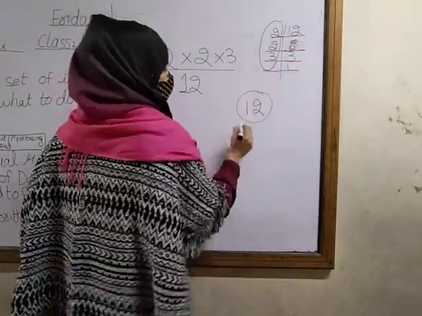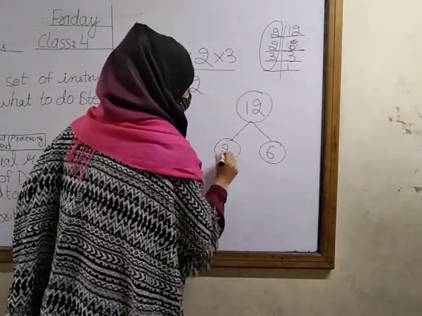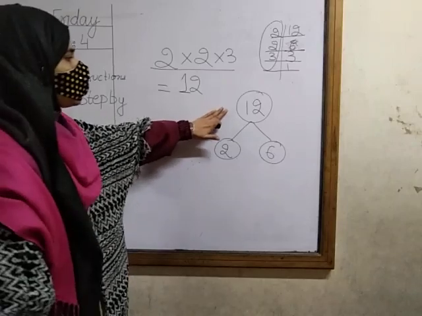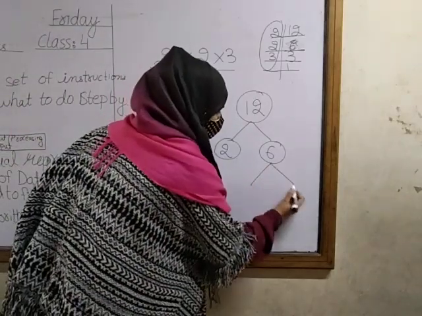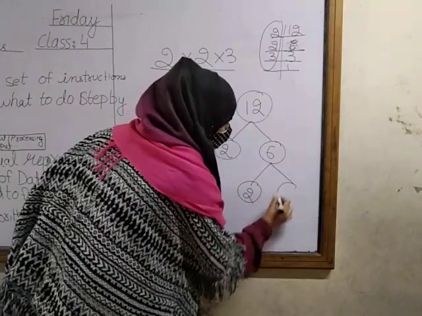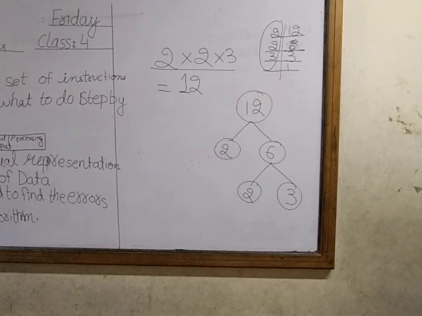These are the factors which we have drawn for 12. 2 multiplied by 6. Basically, this is the root. Then 2 and 3. This is the factor tree diagram.